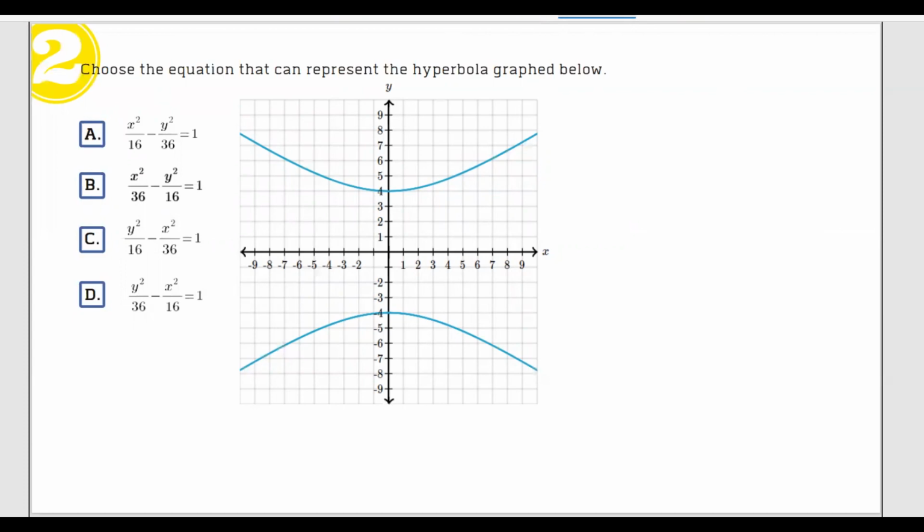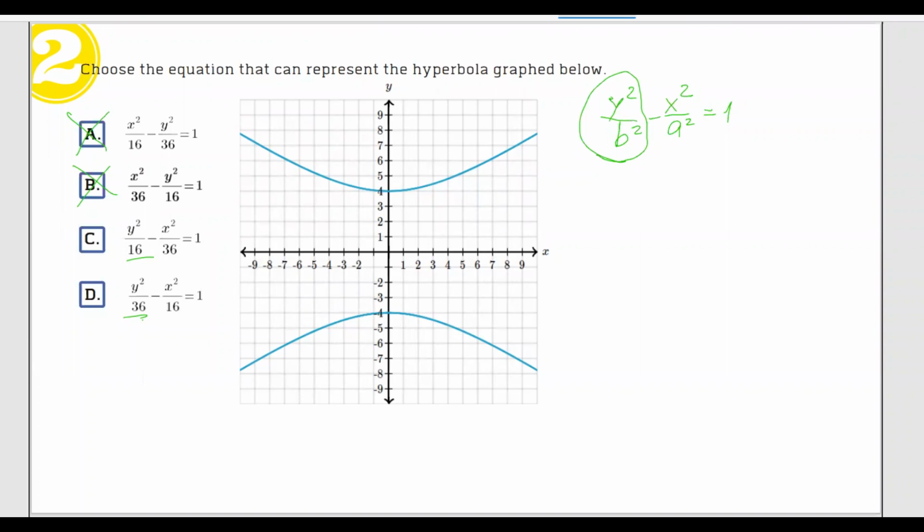Let me write down the general form of this equation: y squared over b squared minus x squared over a squared is equal to 1. So the term that contains y is going to be positive. Looking at the answers, right away we can eliminate A and B. Now between these two options, C and D, let's see which one is correct.